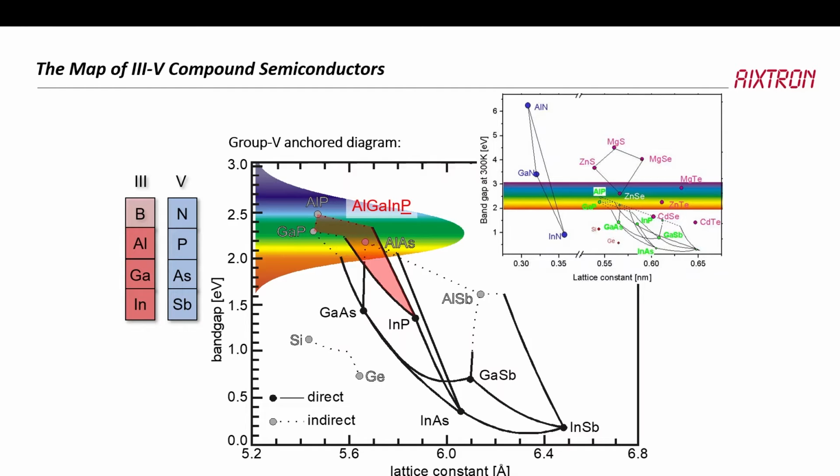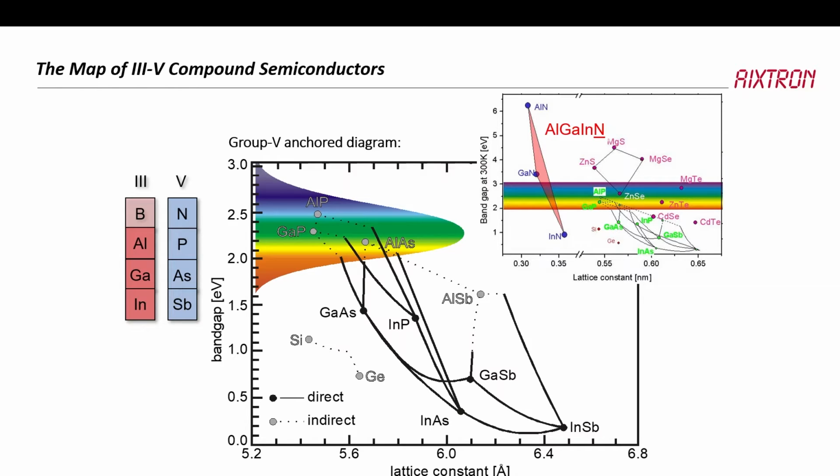This is a group V anchor diagram, so group V is kept constant in this case. You could also come up with a group III anchor diagram, but this is the one I go with. The aluminum gallium indium phosphide material system covers this, the aluminum gallium indium arsenide covers this, and the antimonides cover this in the infrared. And the nitride system is to the far left of this diagram up here.